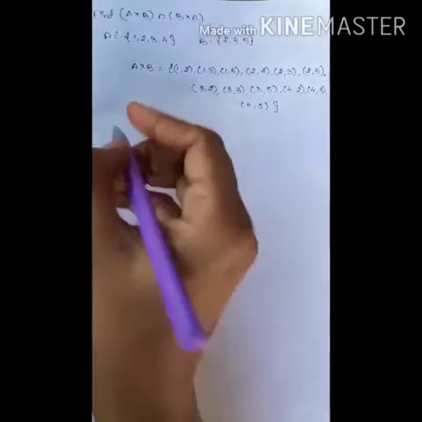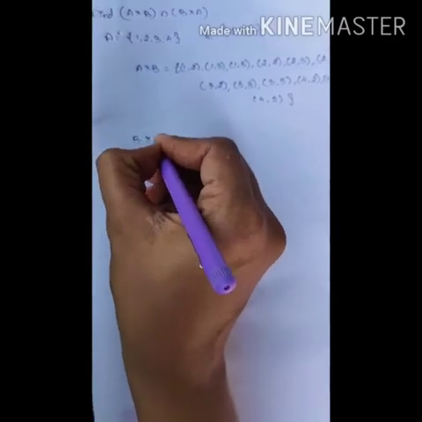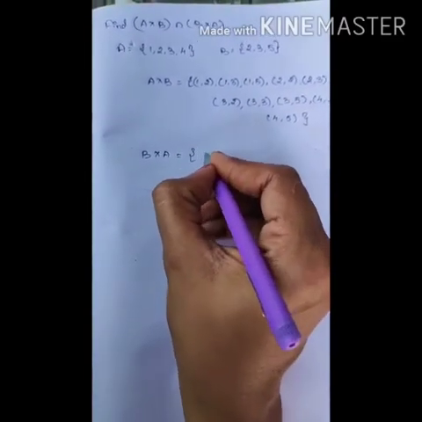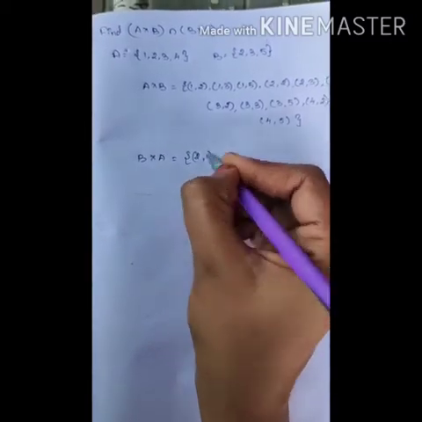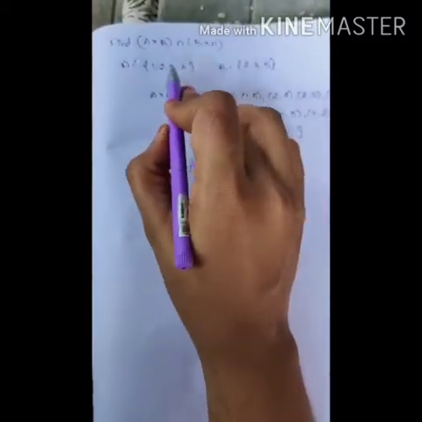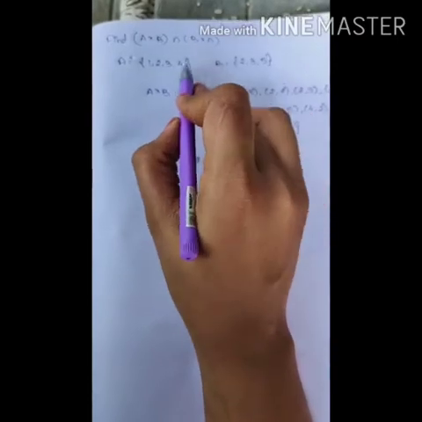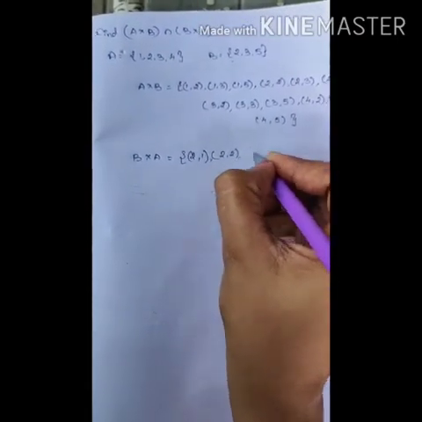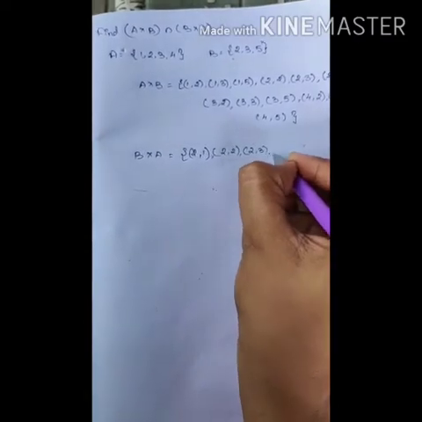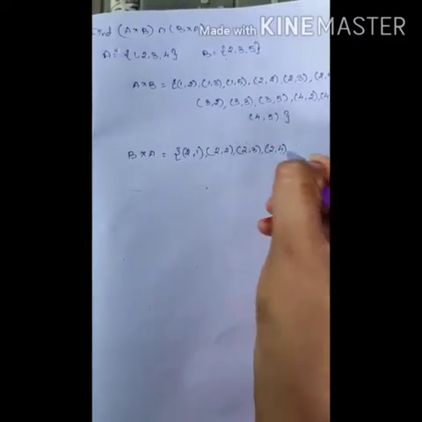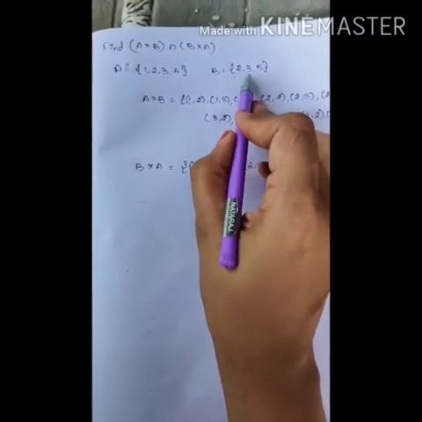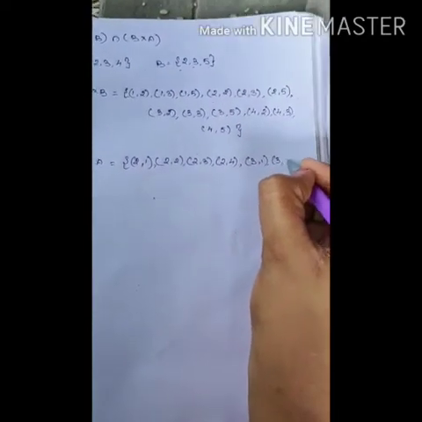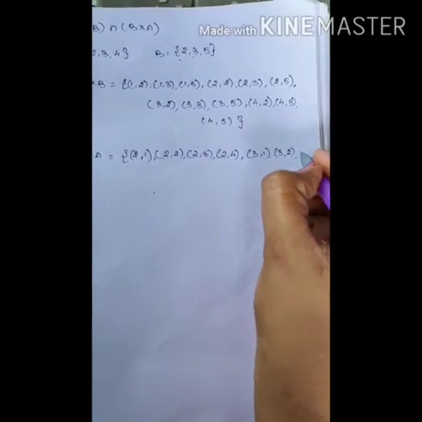So likewise, as we have done A cross B, similarly we will do another cross product, B cross A. In the first set we have done A to B. Now we will do from B to A. So (2, 1), (2, 2), (2, 3), (2, 4), and then (3, 1), (3, 2), (3, 3), and (3, 4).